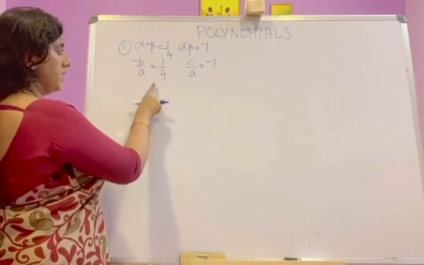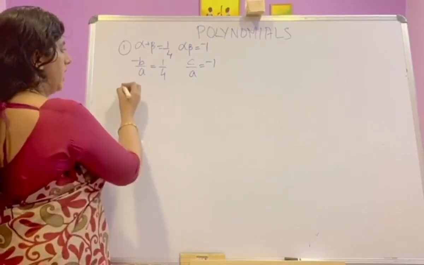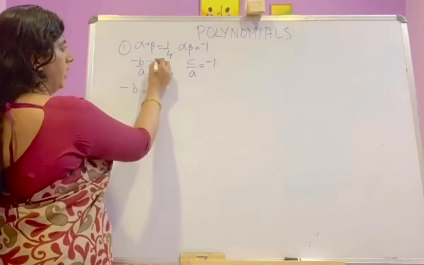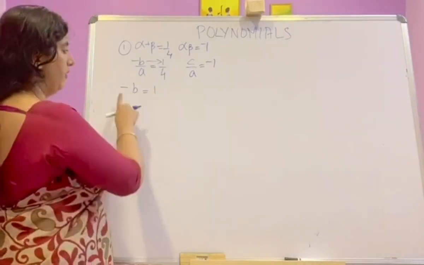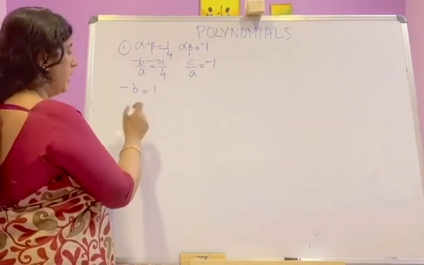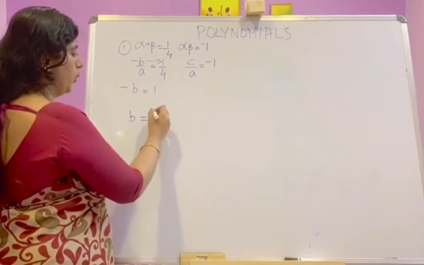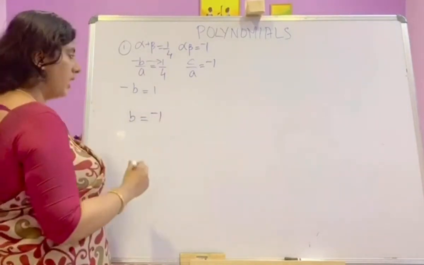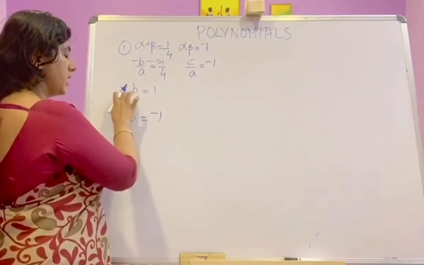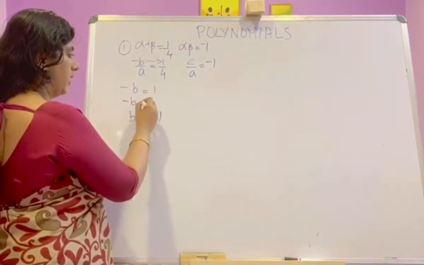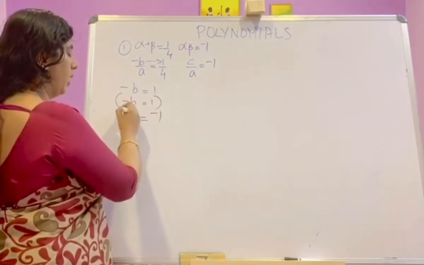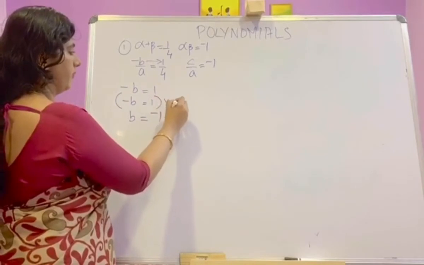From this we can say negative b equal to 1. If negative b equal to 1, then positive b is equal to negative 1. How? To change this negative sign, you want to multiply the whole thing with a negative.